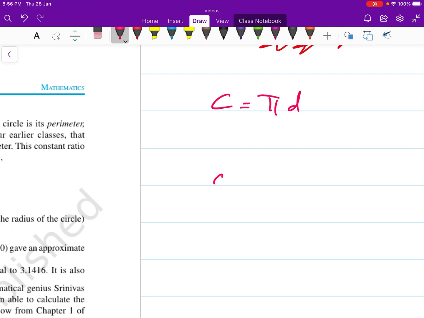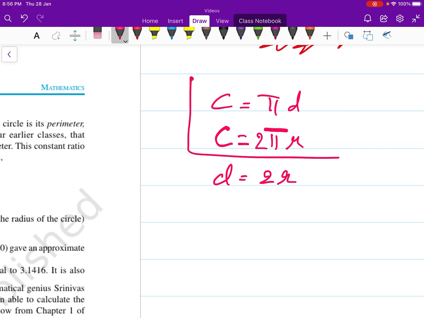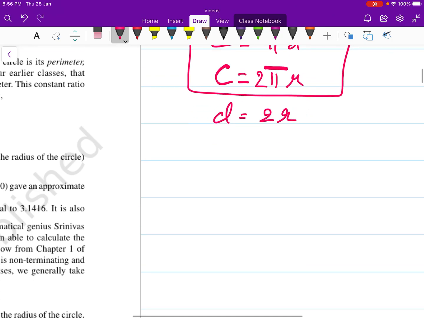Now we know the relation between d and r, that is radius of the circle: d is equal to 2r. So we can replace this value of d in this formula by C is equal to 2 pi r. And this is the formula for perimeter of the circle.